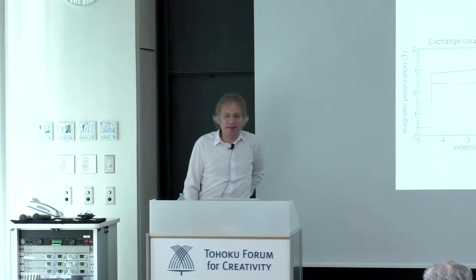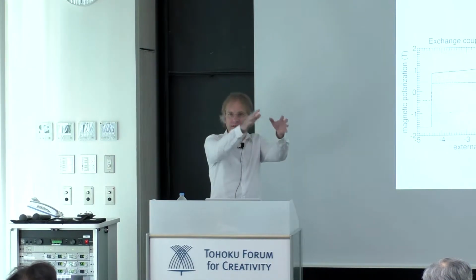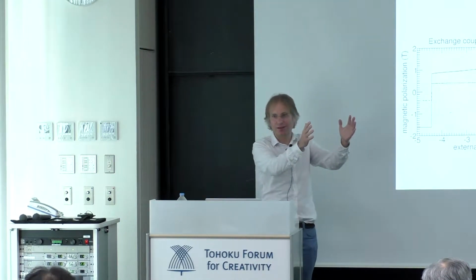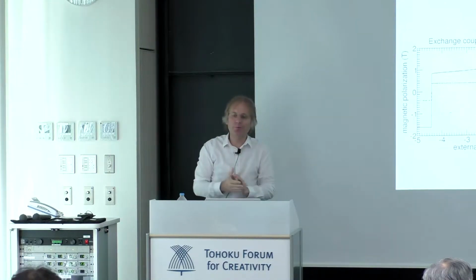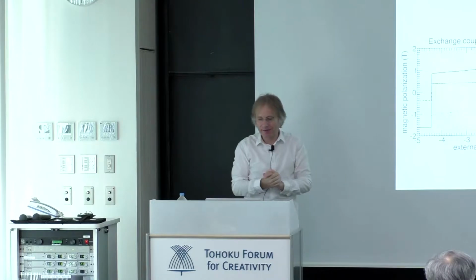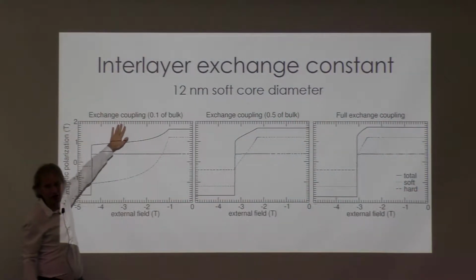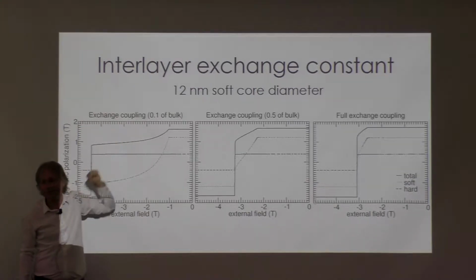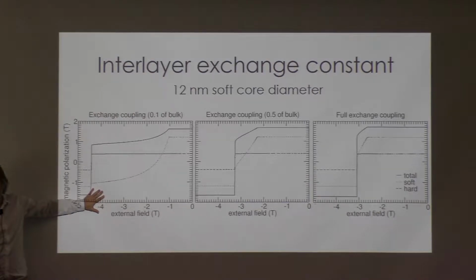We can also play with the strength of the coupling between the core and the shell. We can introduce a small layer of an intermediate phase, and in this intermediate phase, we can change the exchange coupling constant. On the left-hand side, you see what happens if the hard and the soft phase are weakly coupled.